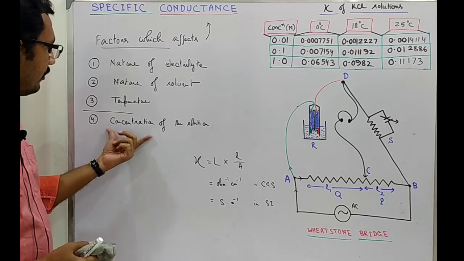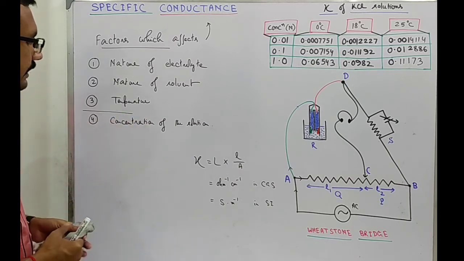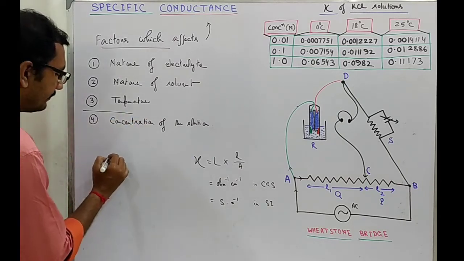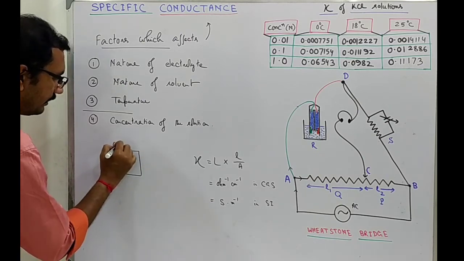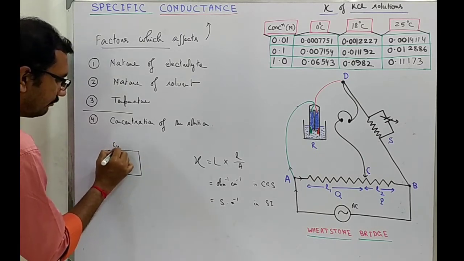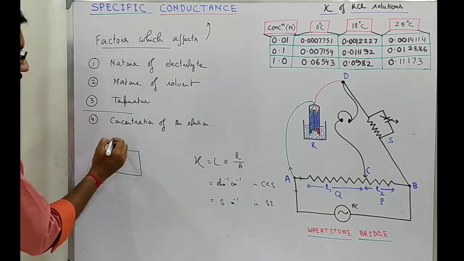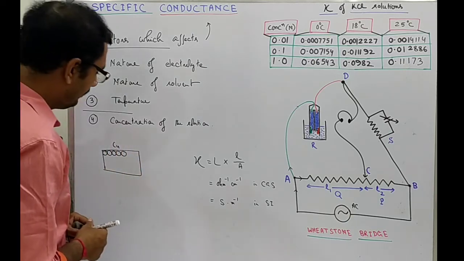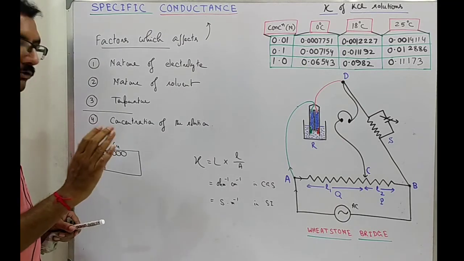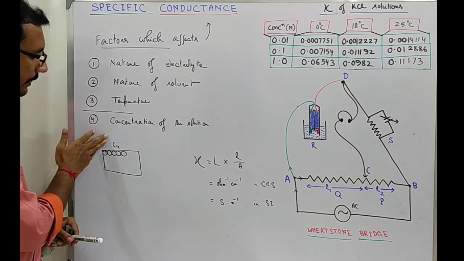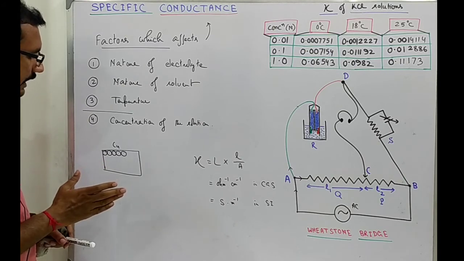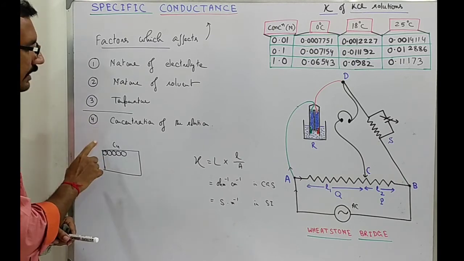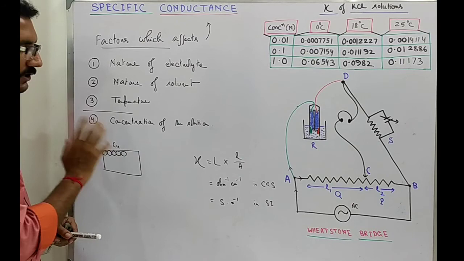Now, this problem was not there in case of a metallic conductor. In case of a metallic conductor, if it is copper, then the packing was the characteristic of copper. You cannot control the packing of copper. So, there was no point like specific conductance of copper depends upon the concentration.